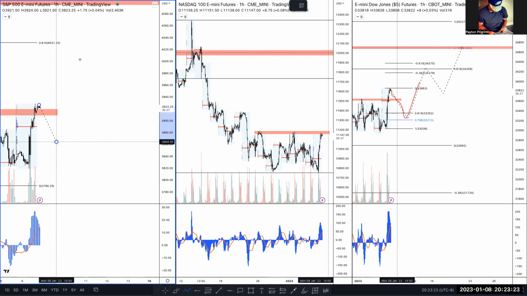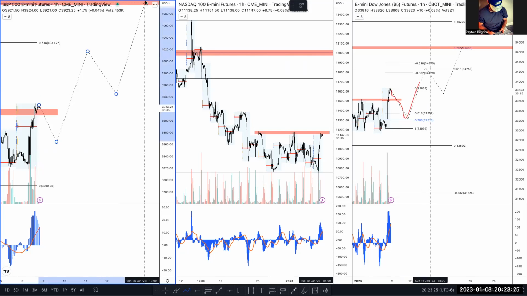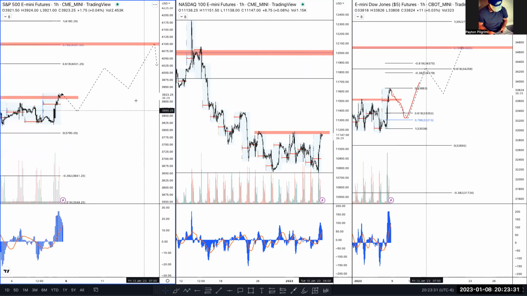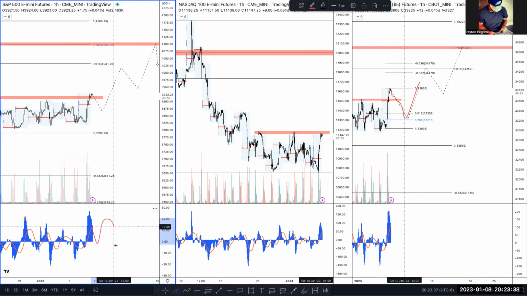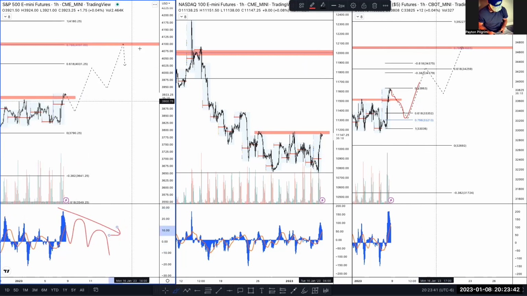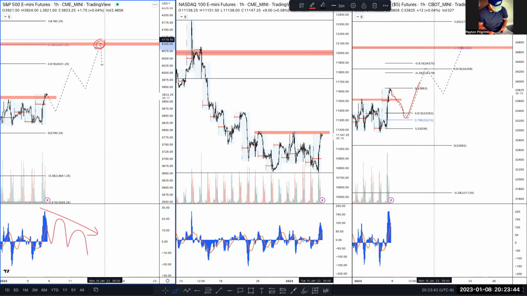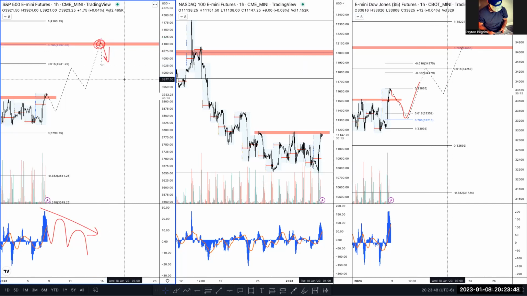Say we get this move, boom, boom, boom. Okay. And usually the market never really moves perfectly like that. But if it does, and these waves start to do this, I'm going to be a big bear in this area. So we'll be watching for that.